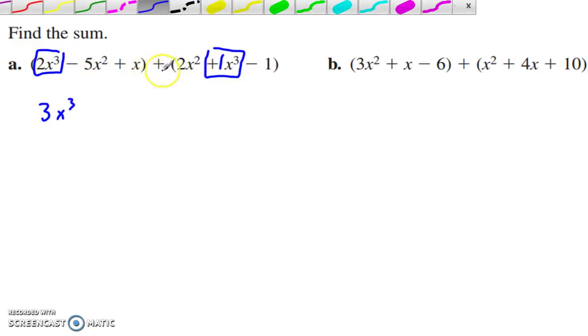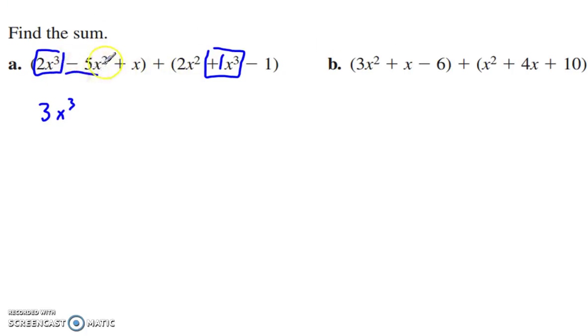Okay, next I look at the next lower degree exponent. So here I have negative 5x squared. So look for a like term. There's 2x squared. Now that's positive, so positive and a negative. Add them together, we get negative 3x squared. And then finally, I have just an x, but there's no other x. So plus x, and then the constant always comes last, minus 1.